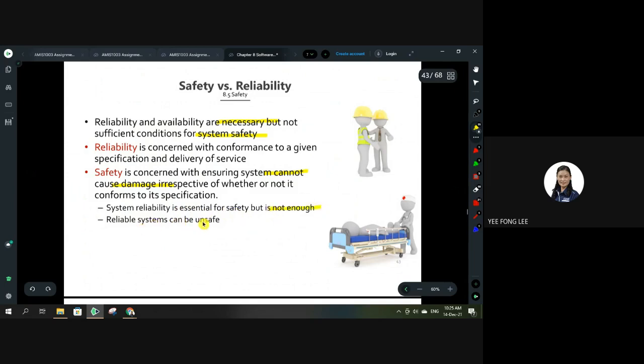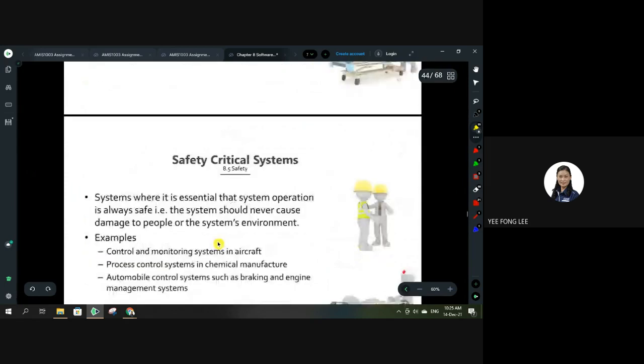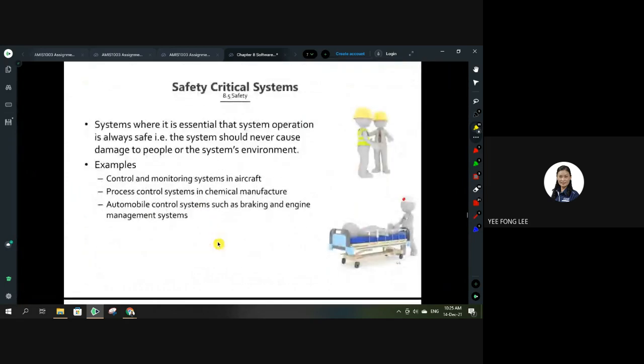A reliable system can be unsafe. We look at the next slide again. What's the core content or example? It's the example I provided just now: a system where the essential system operation is always safe and never causes any damage. Some content is repeated actually.